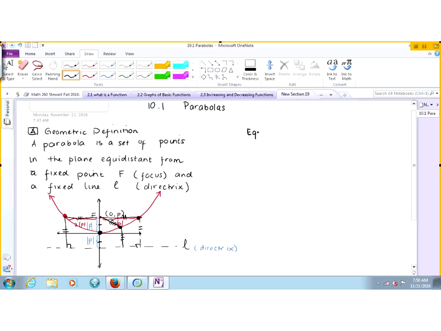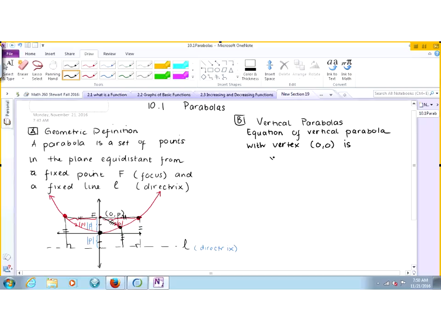So the equation of a vertical parabola, let's label this as V, vertical parabolas, with vertex at the origin, is x squared equals 4py.